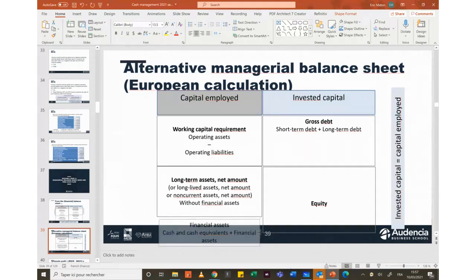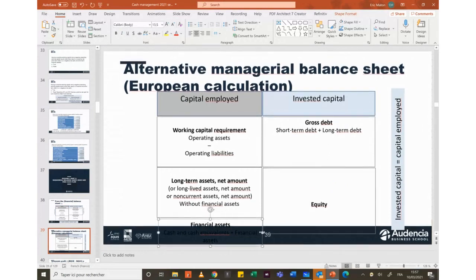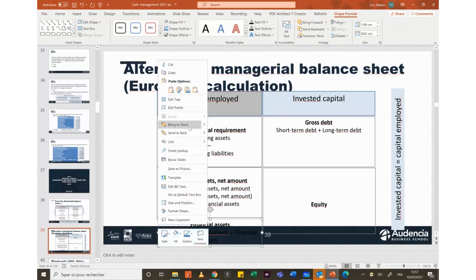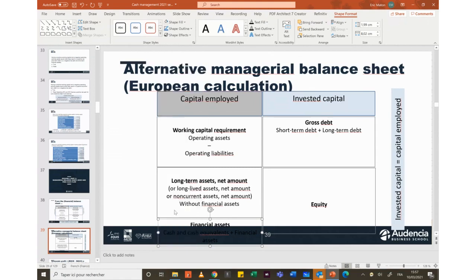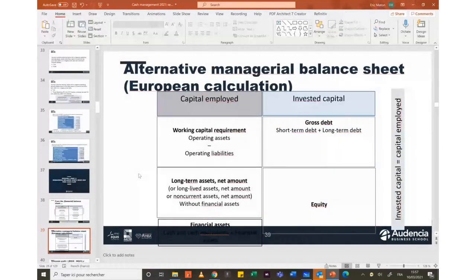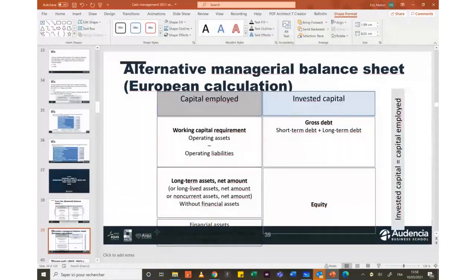So we use the other presentation, and we do the calculation. So maybe I will finish this for the next time. And what I propose maybe is, format shape. I put in white.